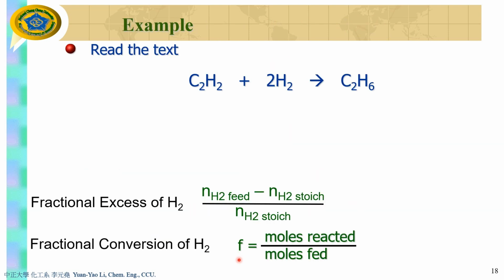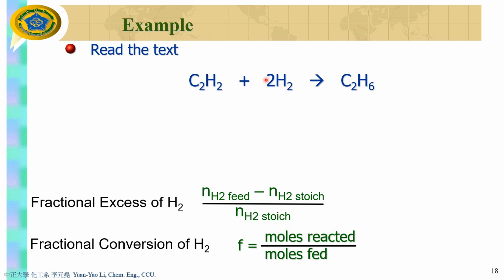So here I want to give you an example, and please work with me, for maybe next week's Kahoot. I think you don't have the textbook, only some of you have it. So anyway, C2H2 plus 2 H2 becomes C2H6.